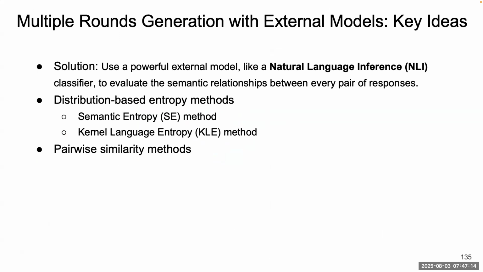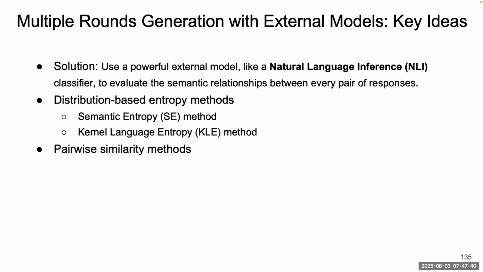But the key idea for them is, like I said, they're using an external model. Most of them are using a natural language inference model because it's relatively stable and it also has good generalization capability in understanding semantic meanings. And they use this external model to evaluate the semantic relationships between each pair of the responses.